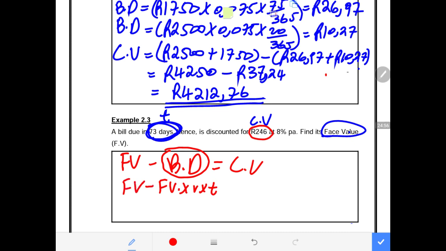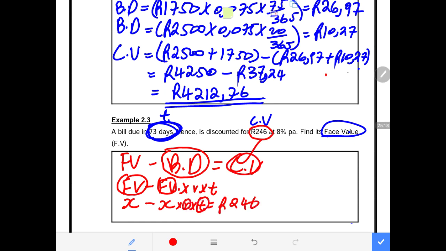So now this is very simple. We substitute by x because this is the unknown. So we have x minus x times r times t is equal to the cash value that is given, which is 246. We do have r, we do have t, then from there we are done.